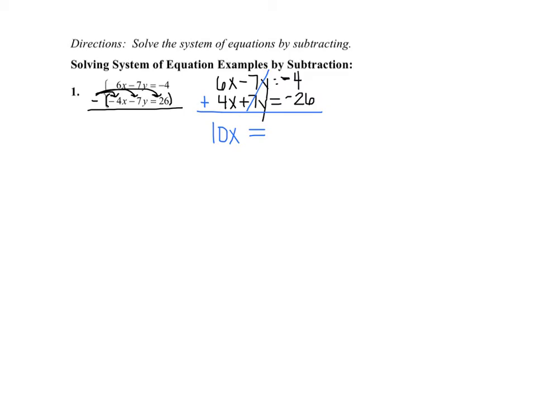Same signs, add and keep the sign. It gives us negative 30. Then divide both sides by 10. Therefore, x equals negative 30 divided by 10, which is negative 3.